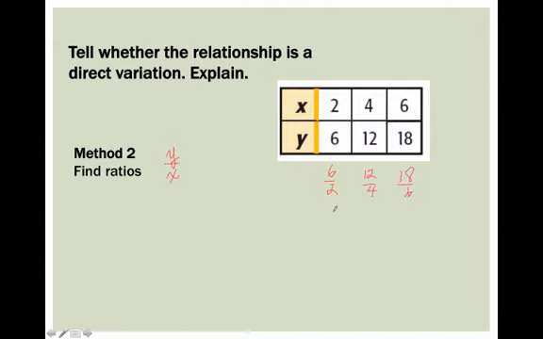This simplifies to 3, 3, and 3. Do I have a direct variation? Absolutely I do, because I've got a constant of variation of 3. So I could also write this in the form y equals kx, with my k being 3.